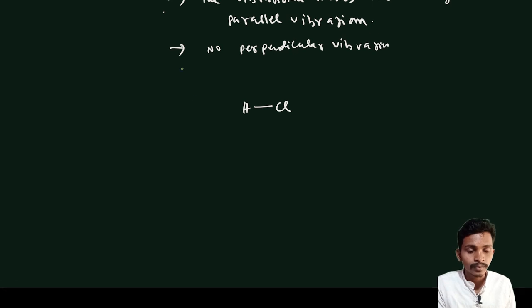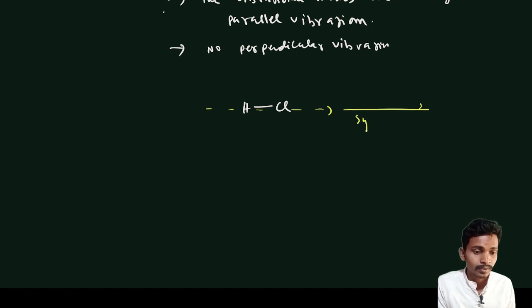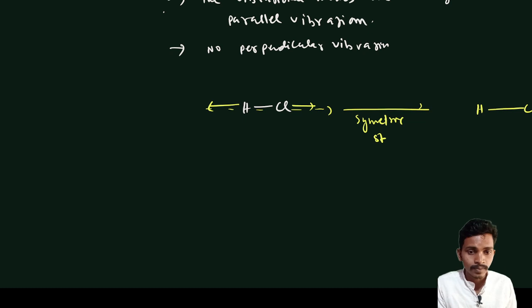Here, if you do stretching or bending, symmetric stretching or symmetric bending, say I apply symmetric stretching, then I will move in these directions and again I get the principal axis as C infinity.